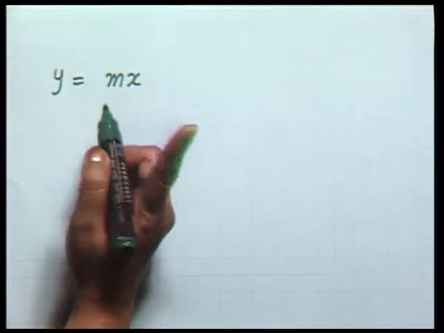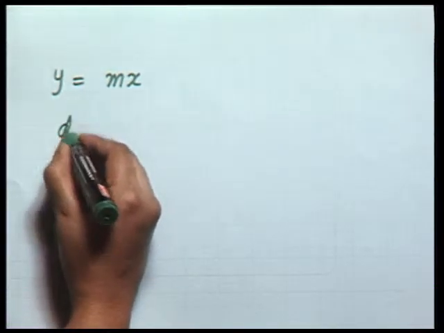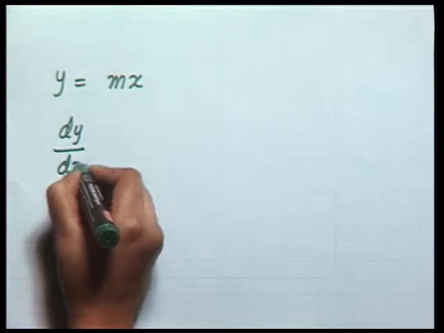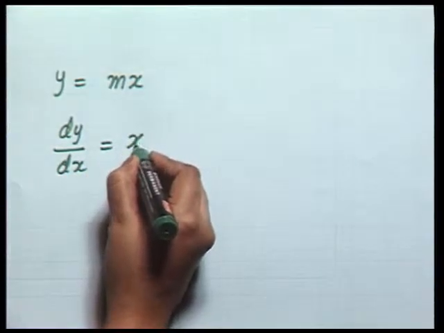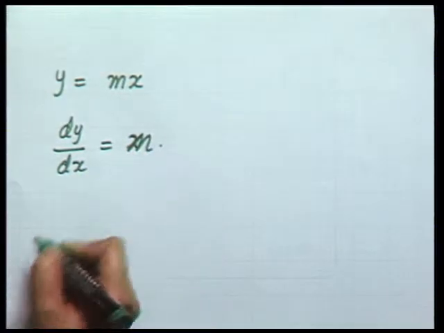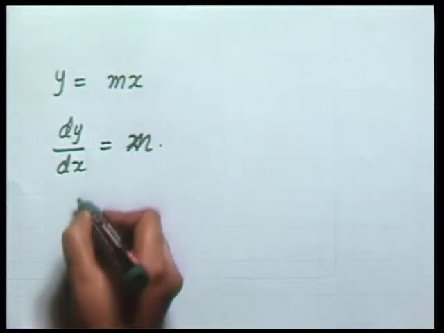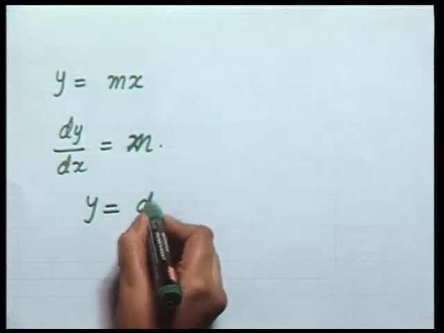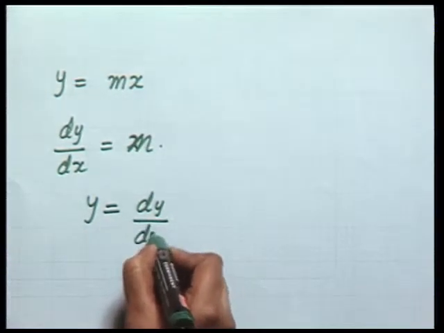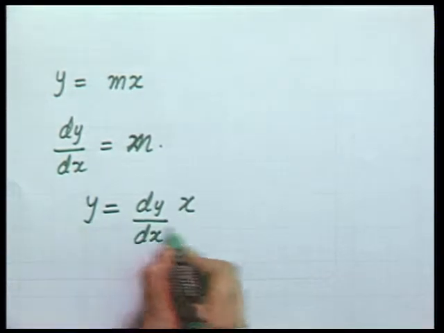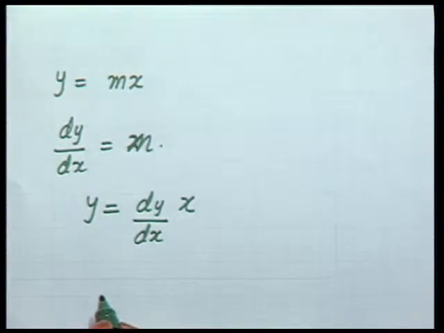You have m, only one arbitrary constant, so differentiate it and you will have dy by dx is equal to m. Removing this m is the task. Eliminate means put it back here, and you will have a differential equation which represents the family of lines passing through the origin as this. But of course, the task is not always so easy.